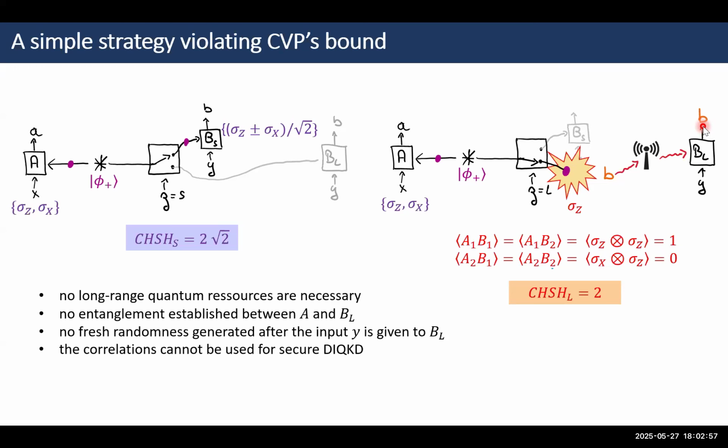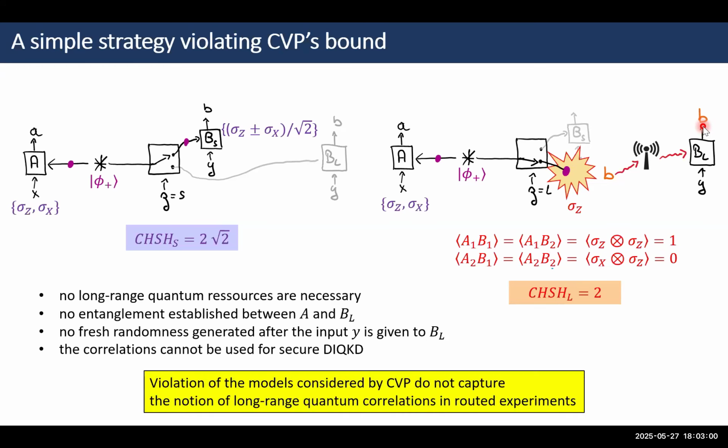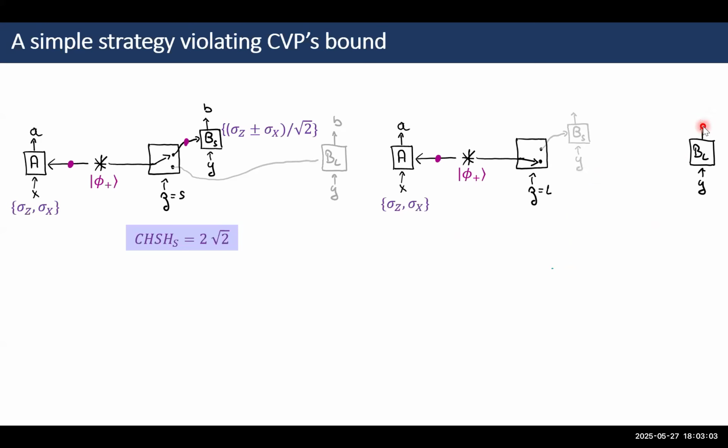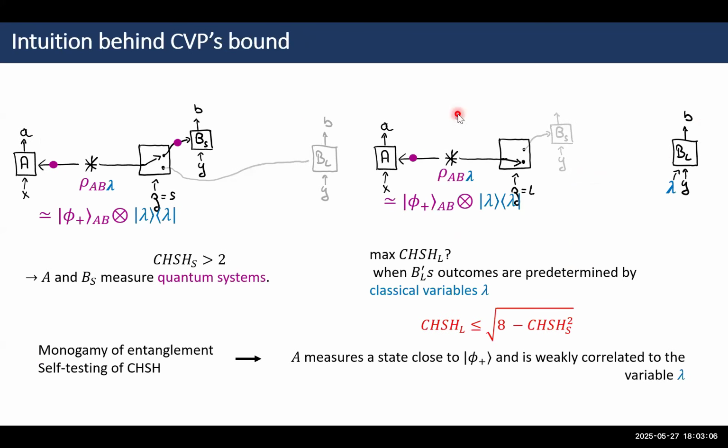Okay. So what is the conclusion? The conclusion is that the kind of models that were considered by CVP to derive this trade-off are not general enough. If I assume that the faraway device behaves classically, assuming that the classical parameters that determine this behavior have to be set since the beginning at the source is too restrictive.